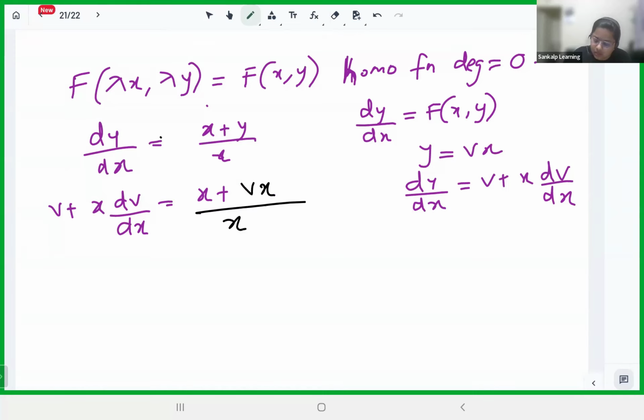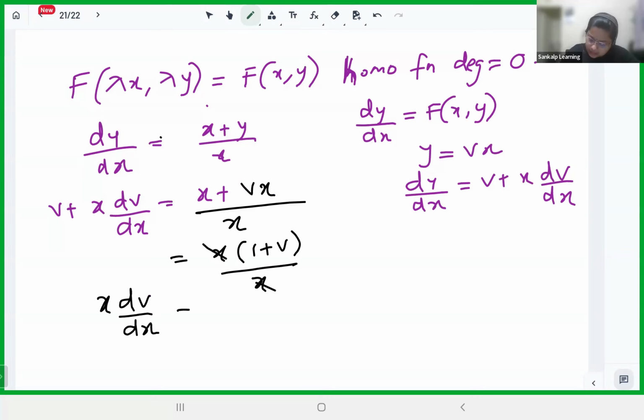So that is x into 1 plus v by x, right? So x and x get cancelled. So this is x dv by dx equal to 1 plus v minus v, which means it is equal to 1.